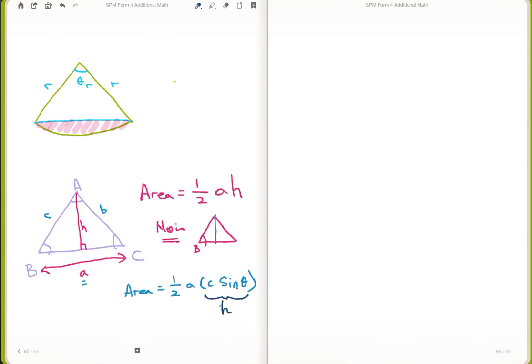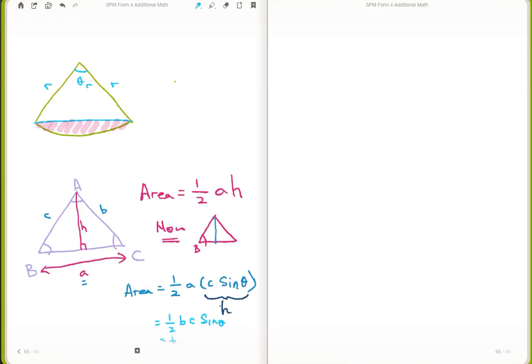So, by using the same manner, if you examine carefully, if I want to look for the area, I have the B angle. All I need is A and C. We write this equation, it could be either 1 over 2 A C, missing B. So meaning, if I want it to be B C sine theta, you still get the answer.